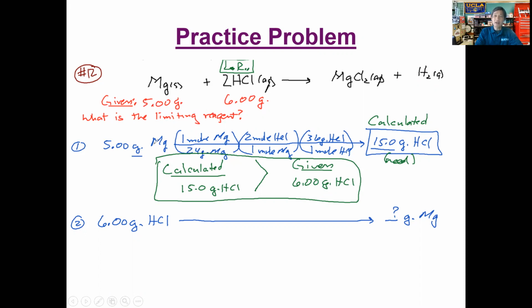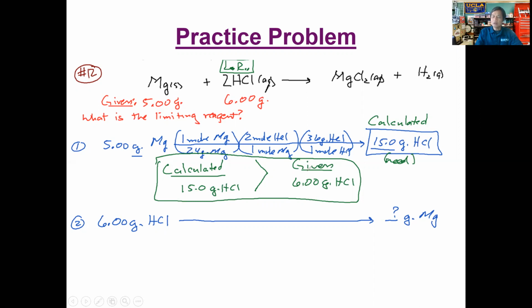In this first calculation, we calculated the amount of hydrochloric acid that would be needed to use up all of the 5 grams of magnesium we were given. We calculated that we needed 15 grams of HCl to completely use up 5 grams of magnesium. Then we compared this calculated value to the given amount of HCl, and we saw that the calculated amount needed is a whole lot bigger than the amount given.